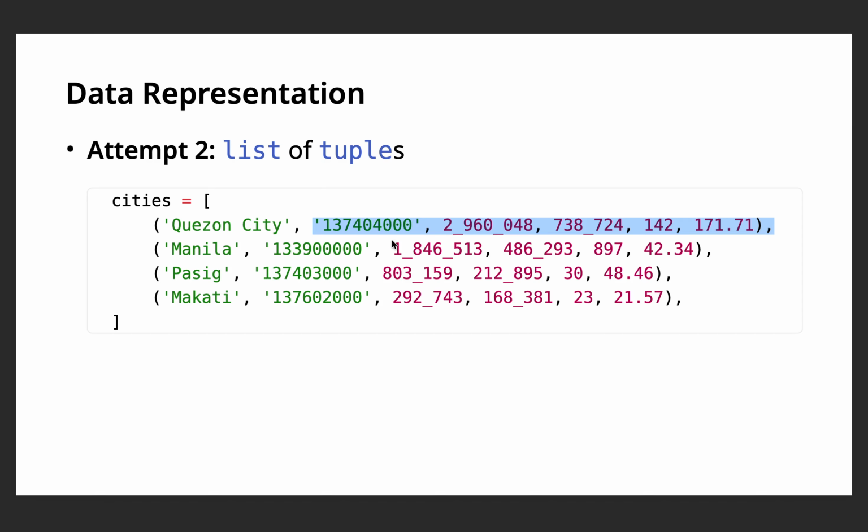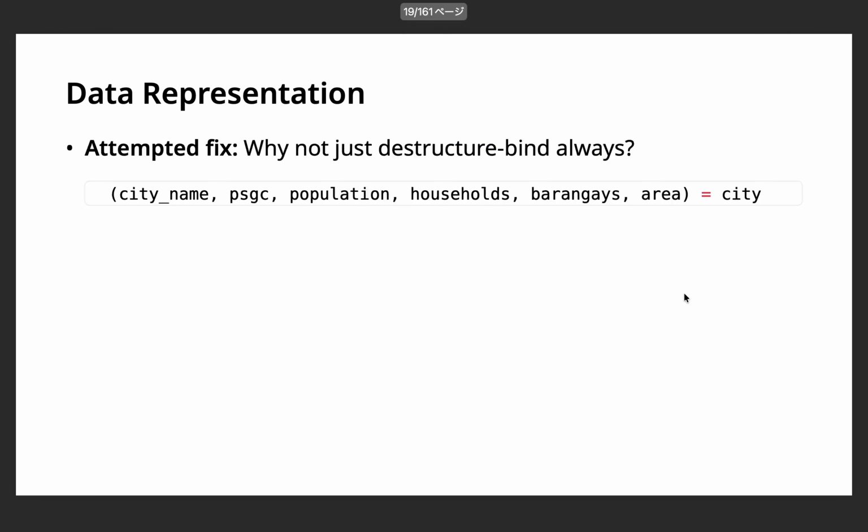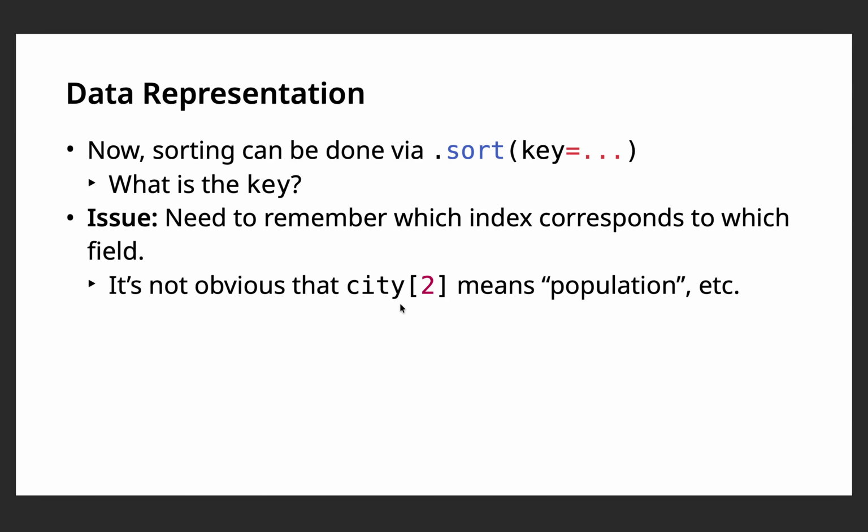Well, you could just look at the original table and maybe put a comment over here. But as you get more columns, you would have to update that comment and add more stuff over here. So how do we get around that?